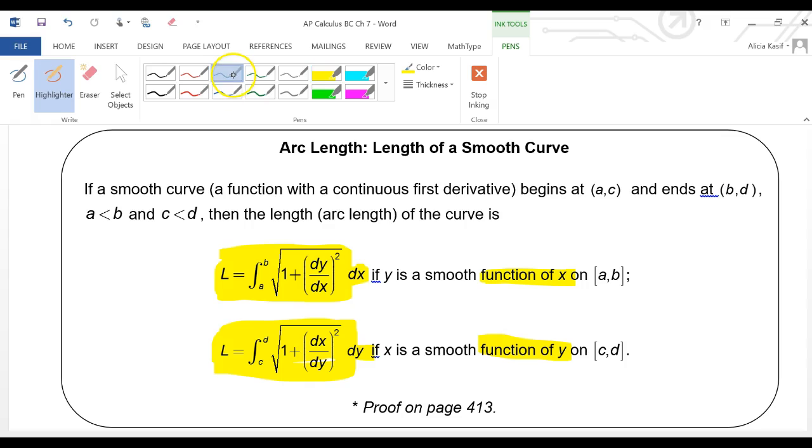So if I'm trying to figure out the length of y equals x squared, I'll use this one. But if I were going to find the length of x equals cosine of y, I would use the second one. And notice that it's the opposite. This one has dy dx. This one has dx dy.